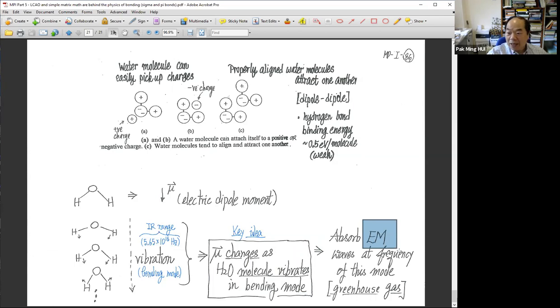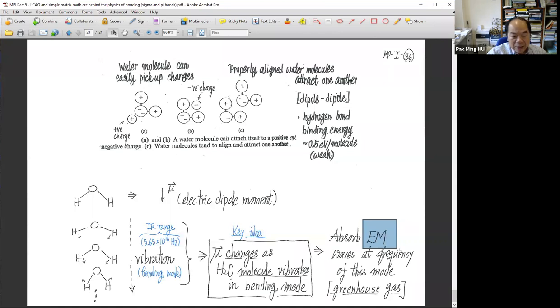If it only has a constant electric dipole moment, not changing, then even though it has an electric dipole moment, the selection rule will be zero. It will not absorb EM wave at this normal mode vibration frequency, okay?